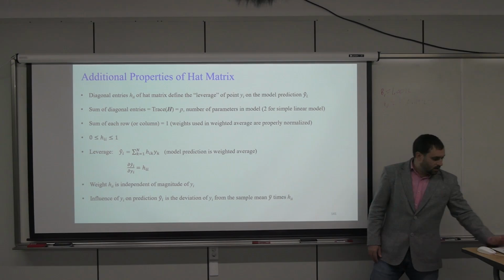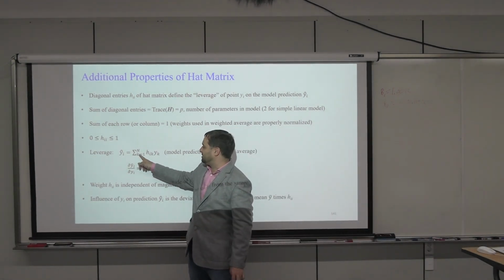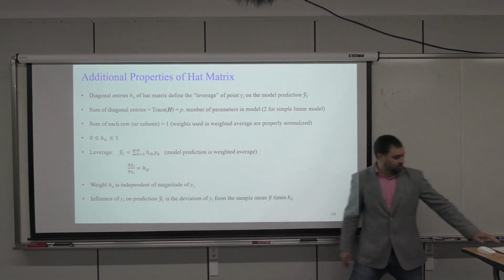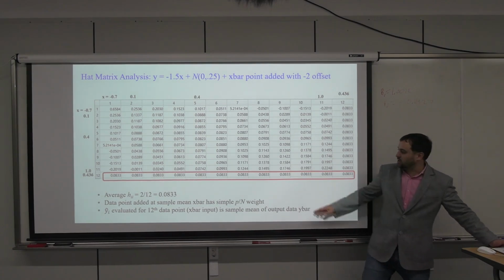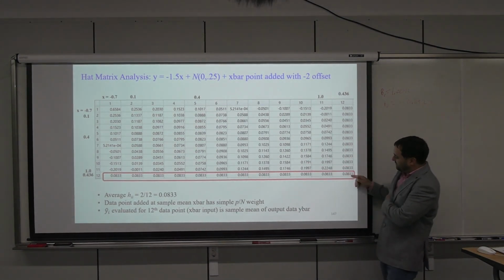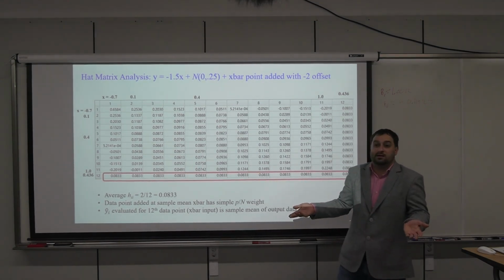And so that goes back to y hat of i equals the summation from 1 to n of h_ik times y_k. That is just showing you that now you have your vector of y's dot product with this vector. It's just the sample mean of the y's.